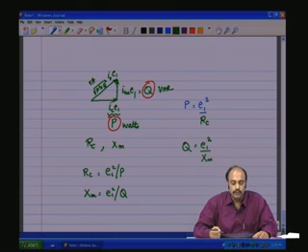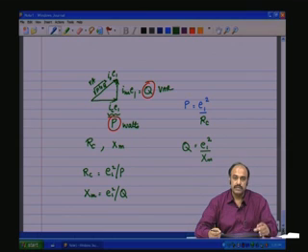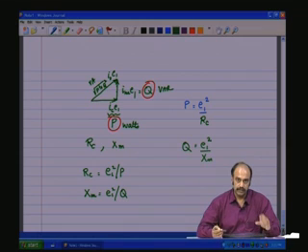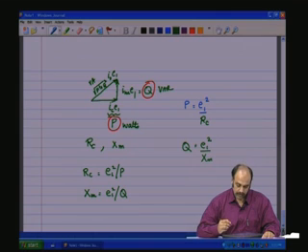One can compute Rc which is the core loss component, and Xm which is the magnetizing reactance component of the transformer under no load conditions, meaning when the secondary side is open circuited, there is no load connected across the two secondary terminals.